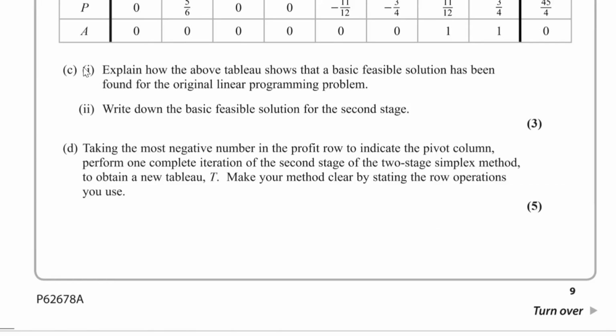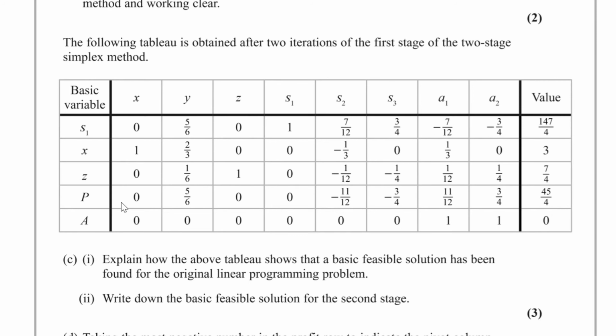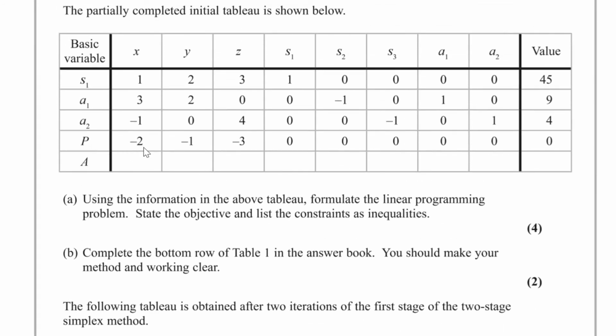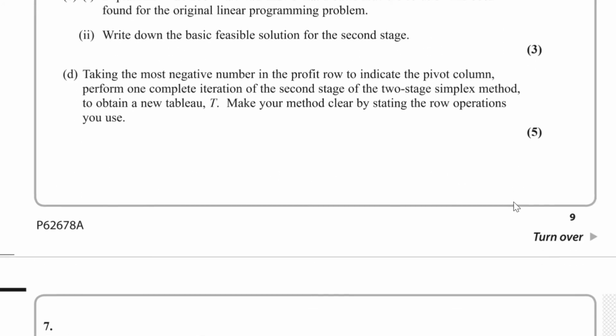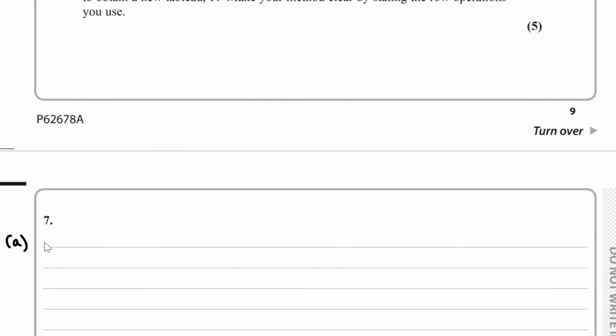what you can see over here for part A is, if we take a look at the P row, we've got minus 2x, minus y, minus 3z. We've got no slack and artificial variables, and the value of this is equal to 0. Well, here it's a maximization problem.